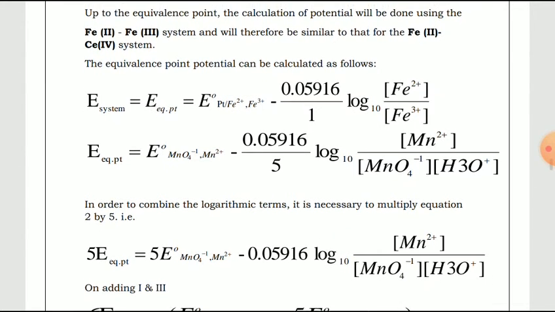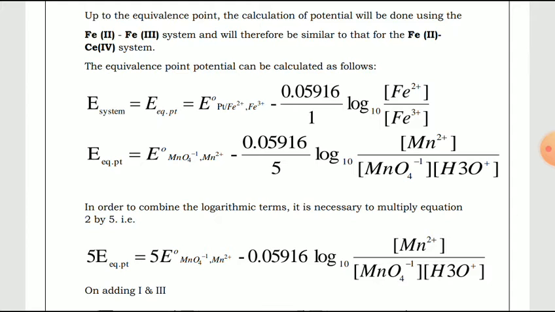On adding 1 and 3, from above we have multiplied 5 into equation number 2.